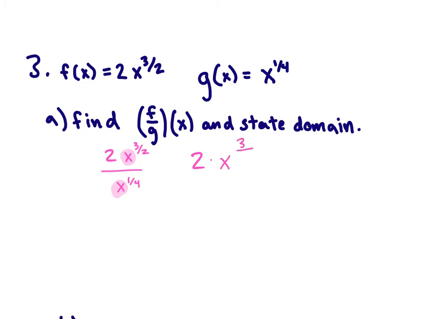So we have 3/2 minus 1/4. What do we have to multiply to 3/2 to get it to have the denominator of 4? 2. So we multiply by 2 and by 2, so this becomes 6 over 4. What's 6 minus 1? 5, so 5 over 4. So we have 2 times x to the 5 over 4 power.